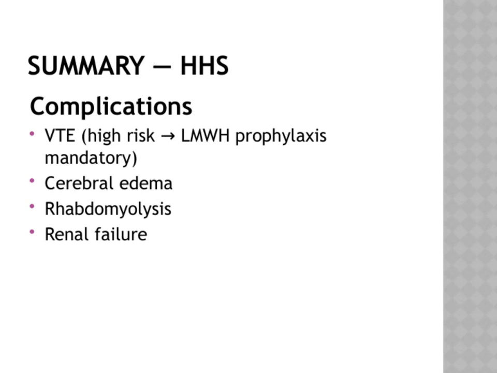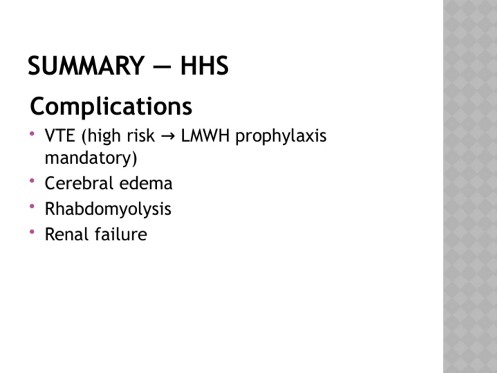Now, let's take a look at some of the potential complications associated with HHS. One of the main concerns is venous thromboembolism, or VTE. Patients with HHS are at high risk for clots, so in these cases, prophylactic use of low molecular weight heparin, or LMWH, is actually mandatory to prevent that. Other complications include cerebral edema, which, although less common, can be life-threatening if it occurs.